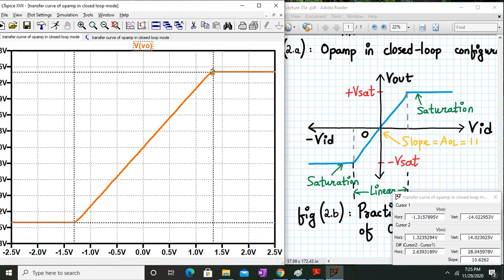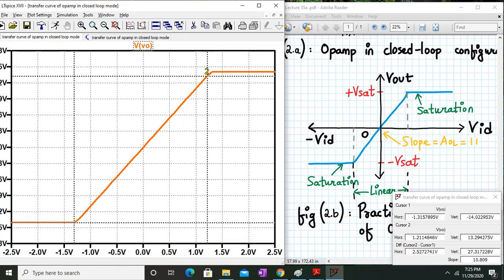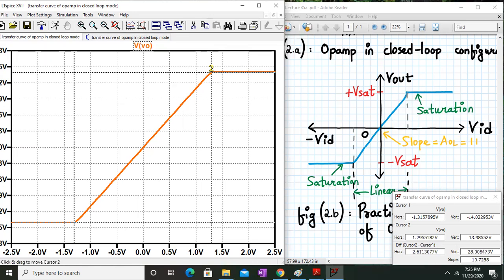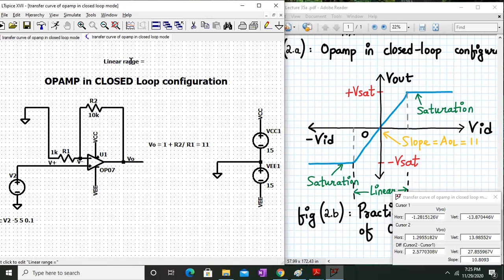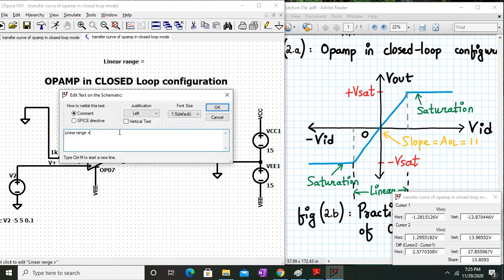I have to take a little up. Okay, this is also a little bit this side. Yeah. So it's around 2.5777. Let me write over here. So linear range of Opamp in the closed loop configuration is in volts.